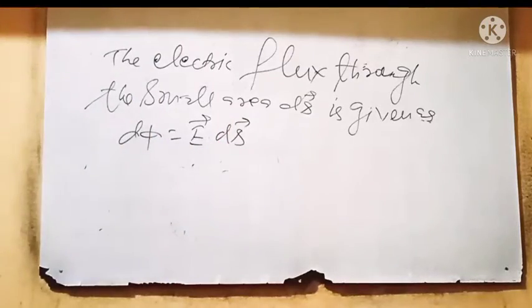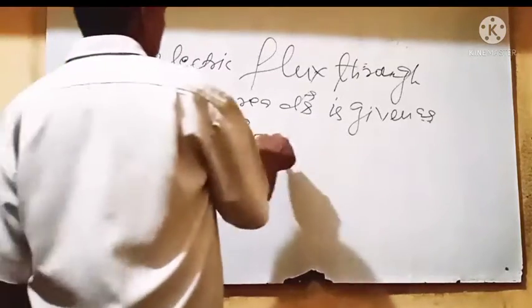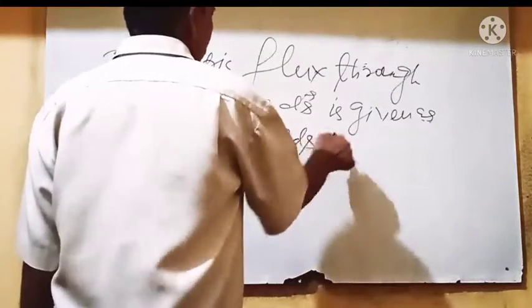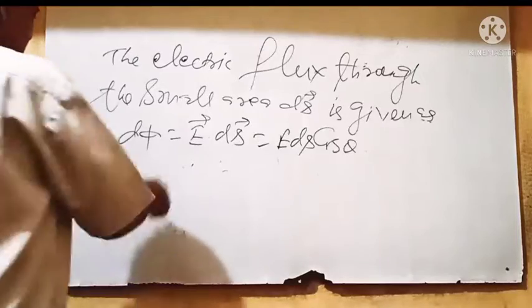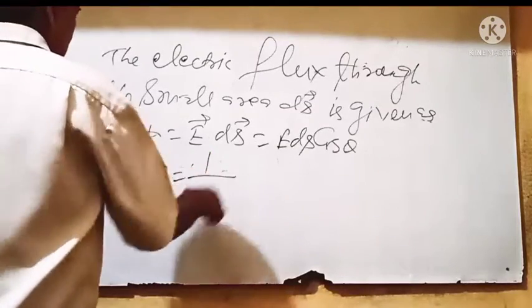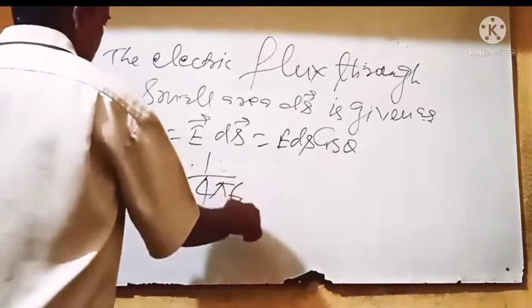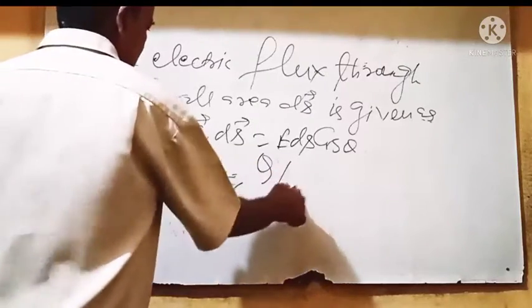That is E ds cos theta. Since E is equal to 1 by 4 pi epsilon naught Q by r square.